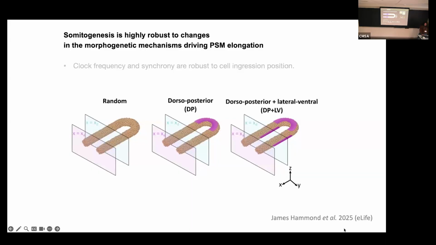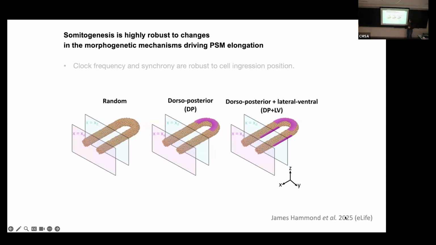Okay. So then going back to your question in terms of where the cells ingress. Cell ingression varies across species. In zebrafish, by cell ingression you can understand two things. One, where cells divide, basically, but also literally where cells are ingressing from the dorsal and also from the lateral tissues. For example, during epiboly, when the PSM is still forming, they're ingressing from the side.